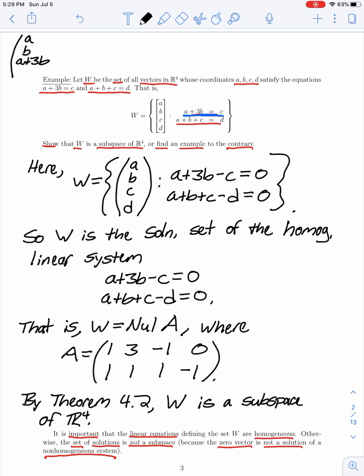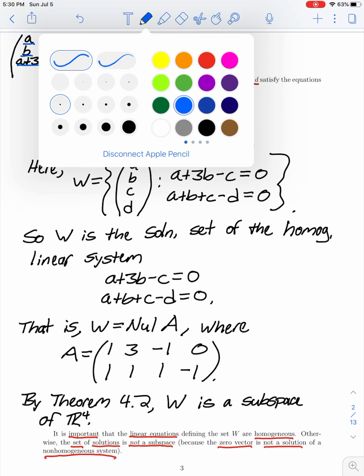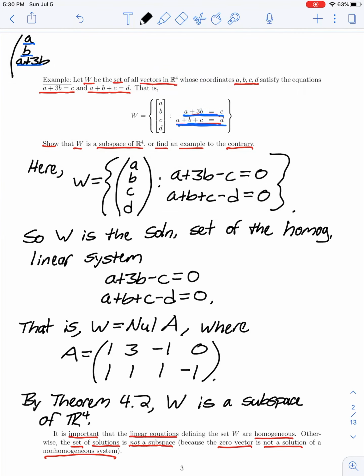And our fourth component, D, we are told is equal to the sum of A, B, and C. So summing A, B, and C, the first three components of our vector, we have 2A plus 4B.